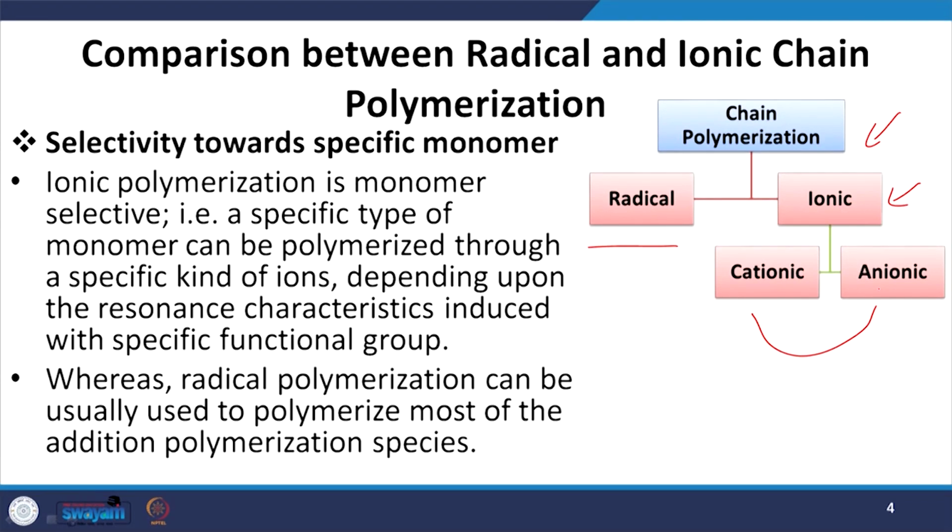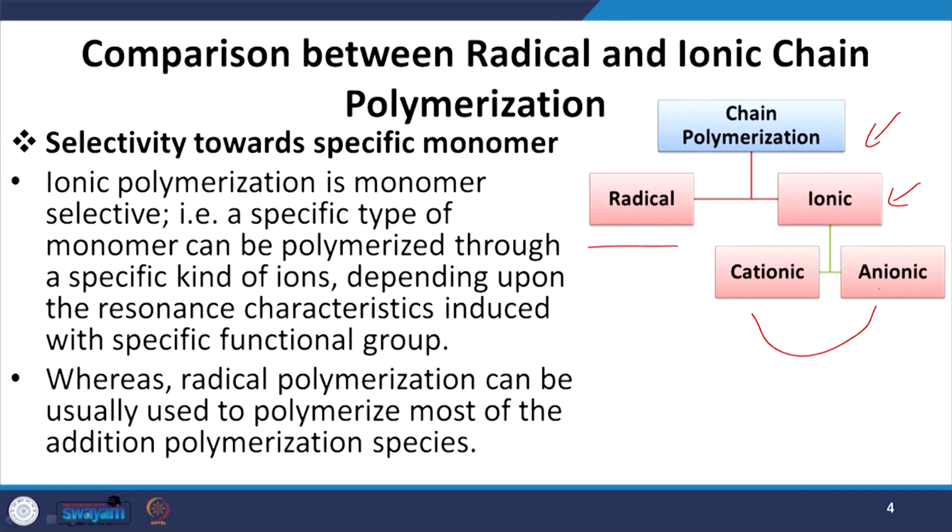Now let's have a look at the selectivity aspect with reference to the specific monomer. Ionic polymerization is a monomer selective polymerization. Based on the specific type of monomer, it can be polymerized through a specific kind of ions that have the capability of promoting this polymerization. This depends upon the resonating character which we discussed earlier in a different chapter.